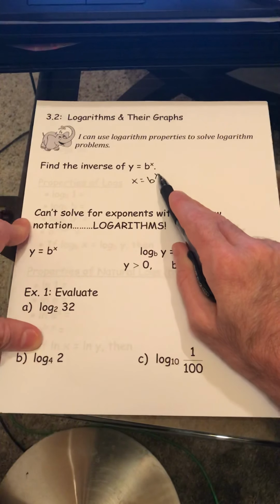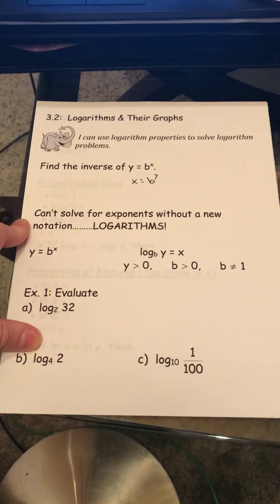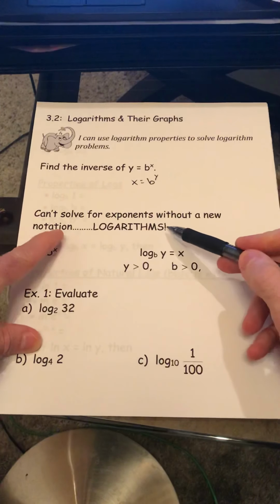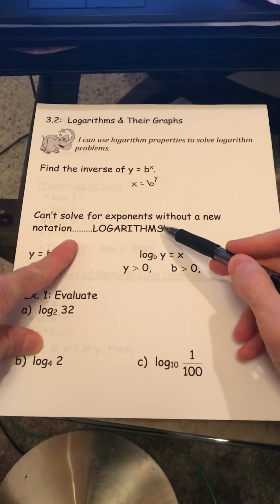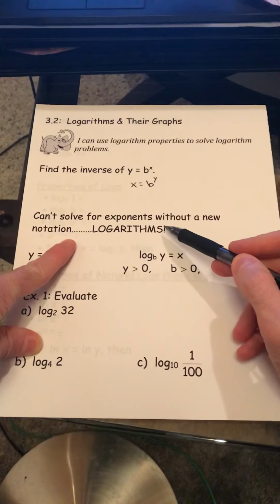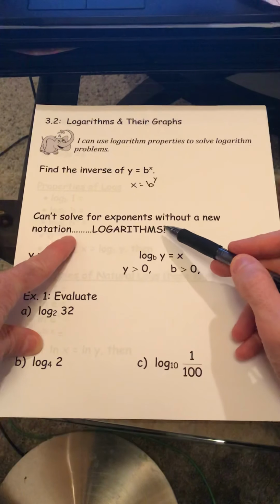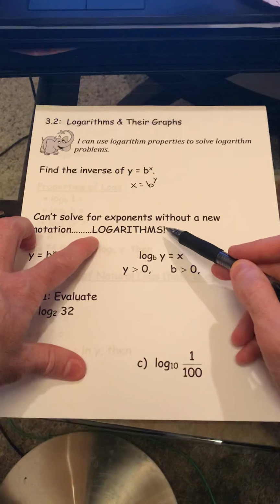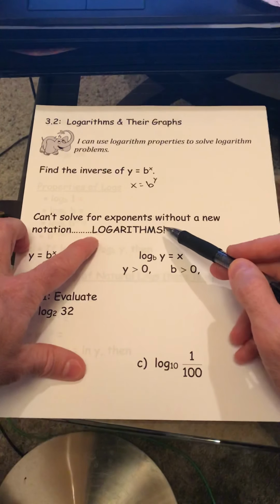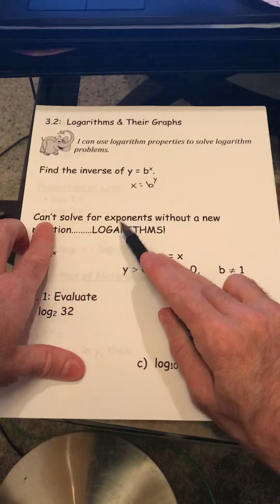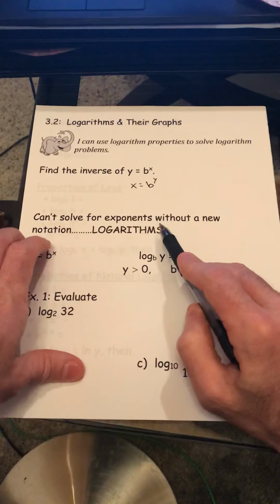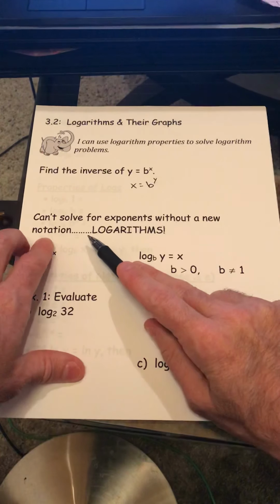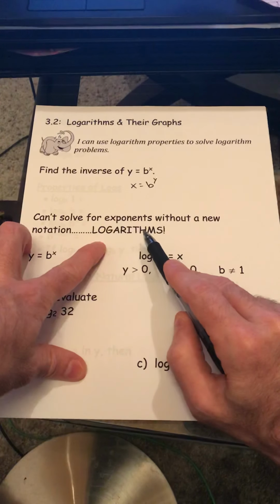The only option was creating a new mathematical process, and that is what is called a logarithm. So you can't solve for that exponent without a new form, which again is a logarithm.